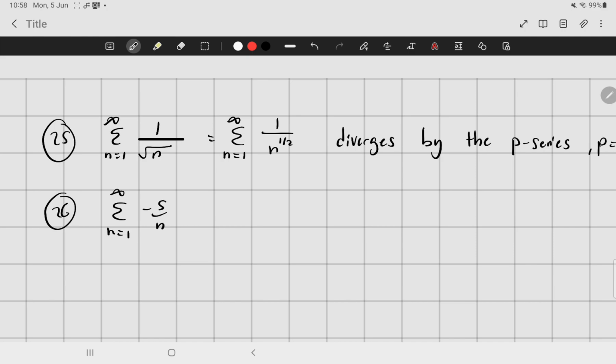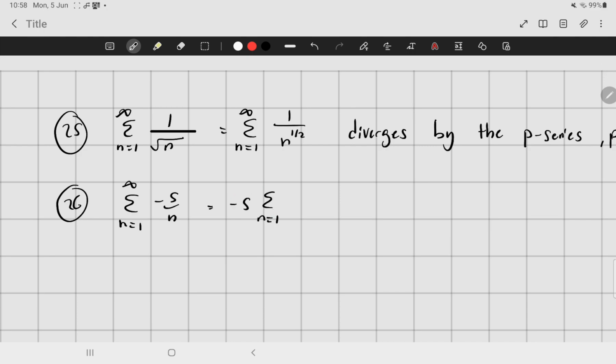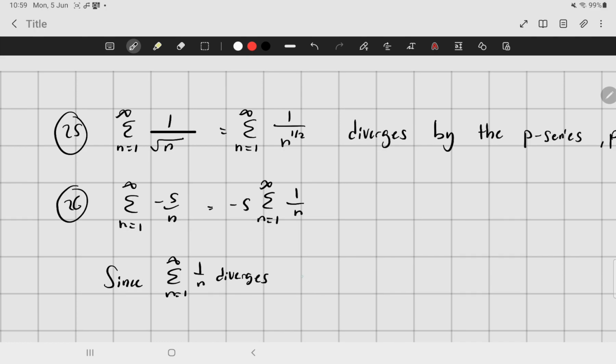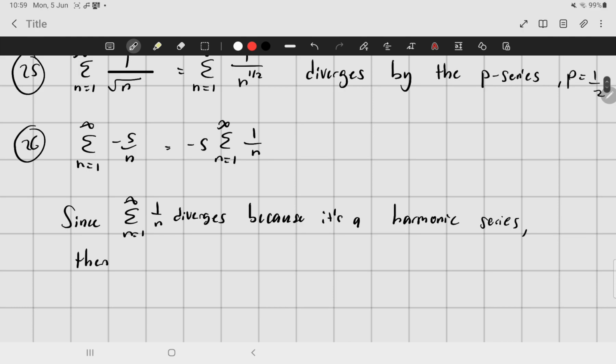And we know that the series is a harmonic series. So we say since this diverges because it is a harmonic series, then the series also diverges.